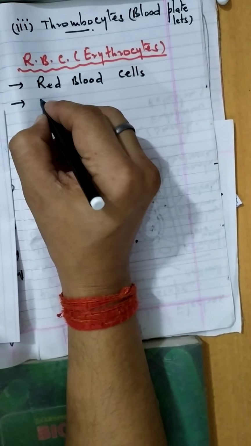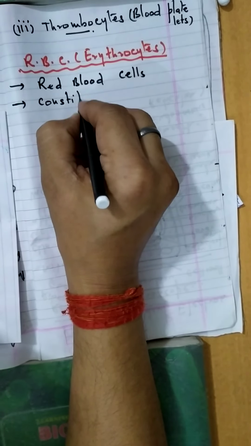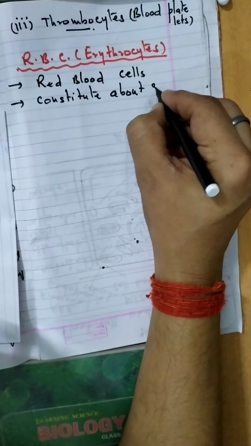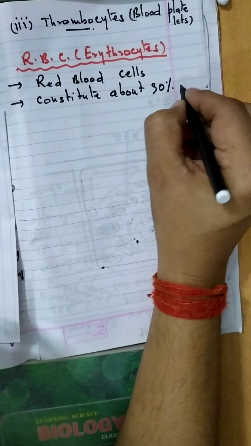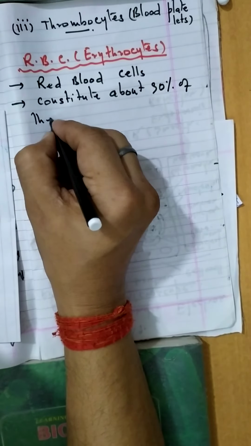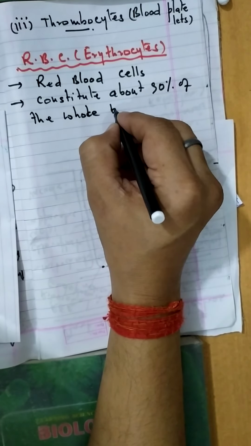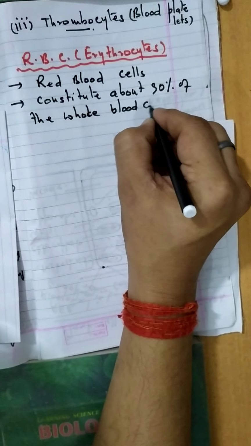They constitute about 90% of the whole blood cells.